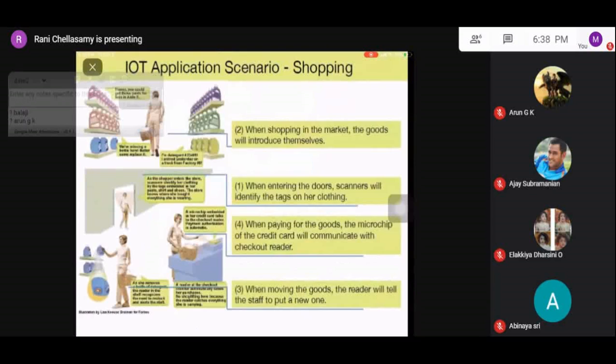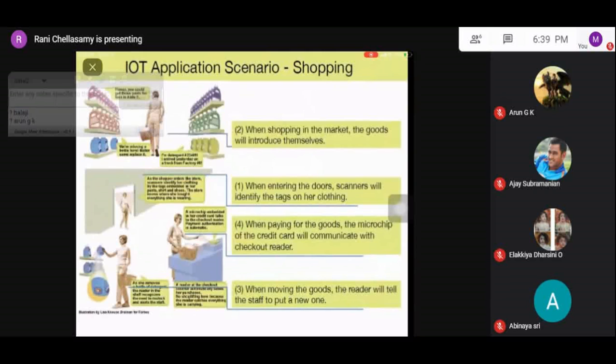And you can also have an IoT application scenario in shopping. First, when the person enters the door, the scanner will identify the tags on her clothing. When the person is shopping in the market, all the items placed in the racks will introduce themselves, and these products will be intimated to the particular person in the mall.